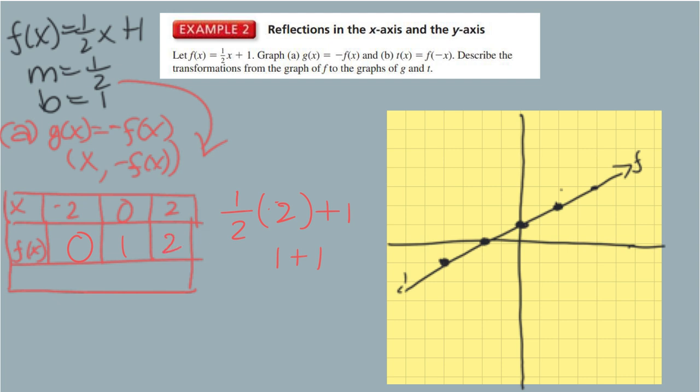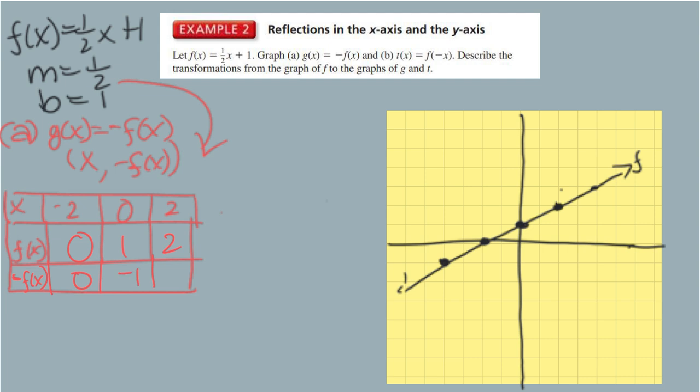That's in the original one, but now they're telling us to multiply times what? Multiply by -1. So this is negative f of x. 0 multiplied by -1 is 0. 1 multiplied by -1 is -1.